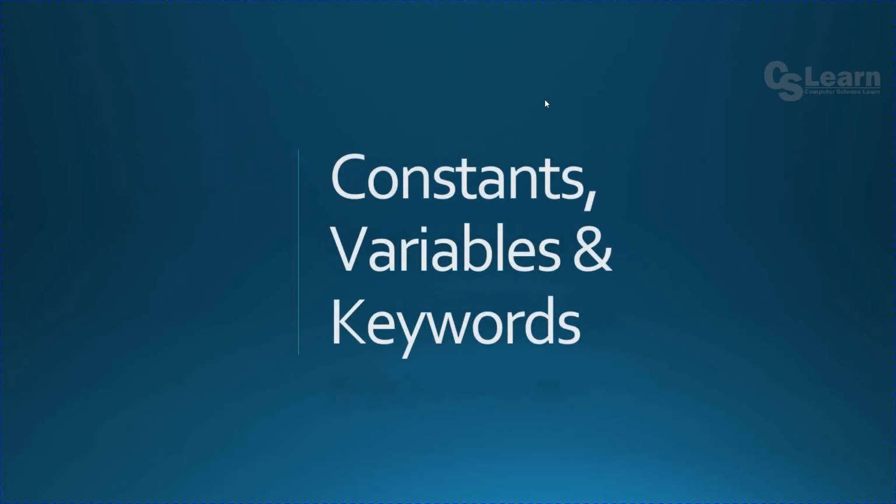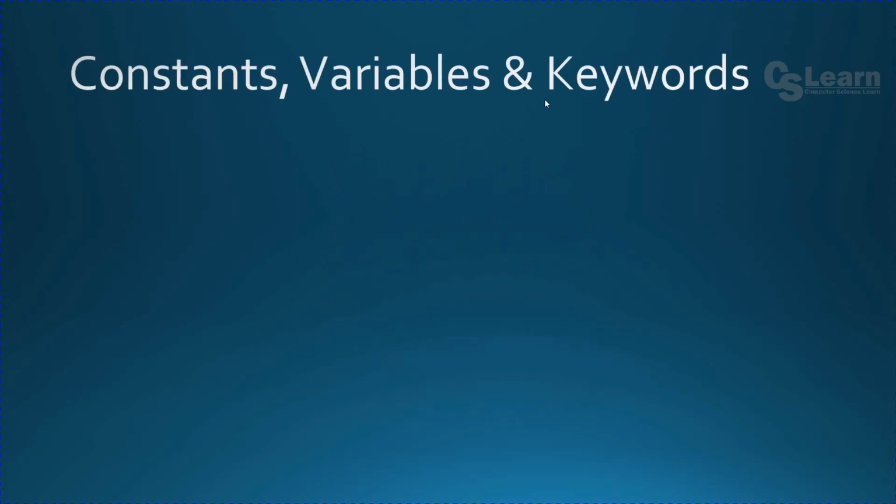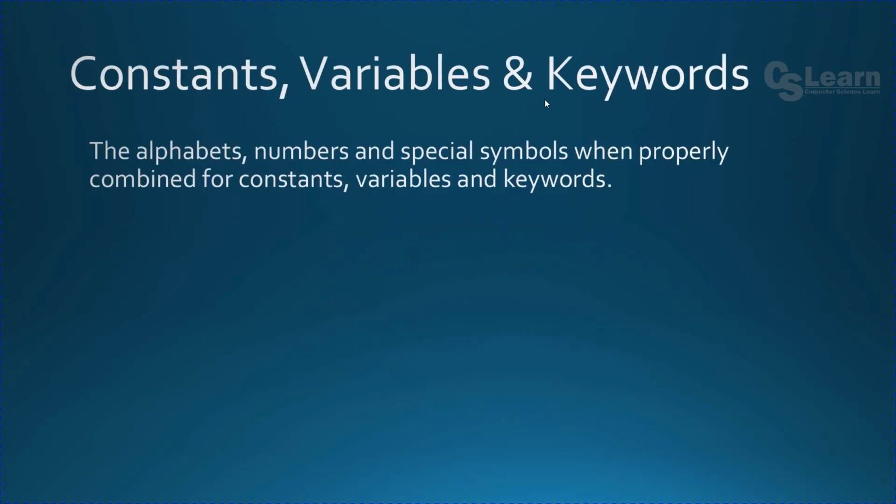We are going to use constants, variables and keywords. The alphabets, numbers and special symbols, when properly combined, form constants, variables and keywords. They follow one set of rules to create these constants, variables and keywords.